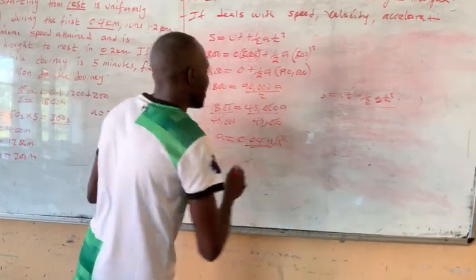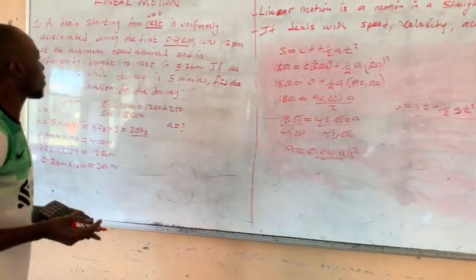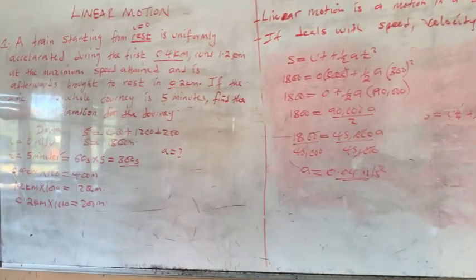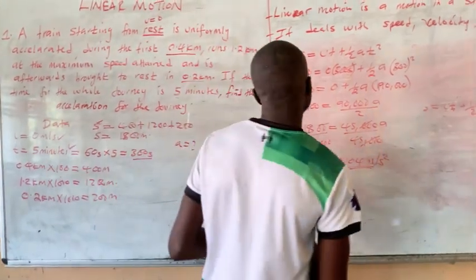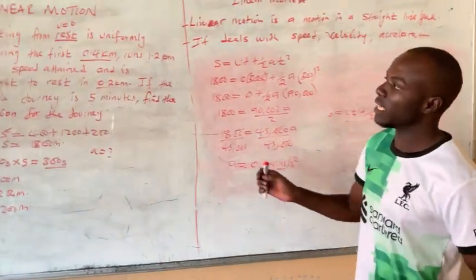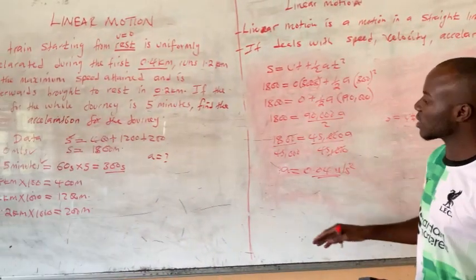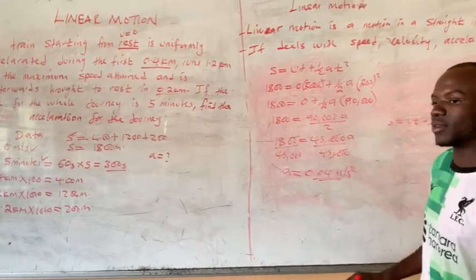This is the acceleration of that train at the start of the journey. So basically this is what we need to know under linear motion. Of course, we will upload more questions from the past papers, so we can end here.